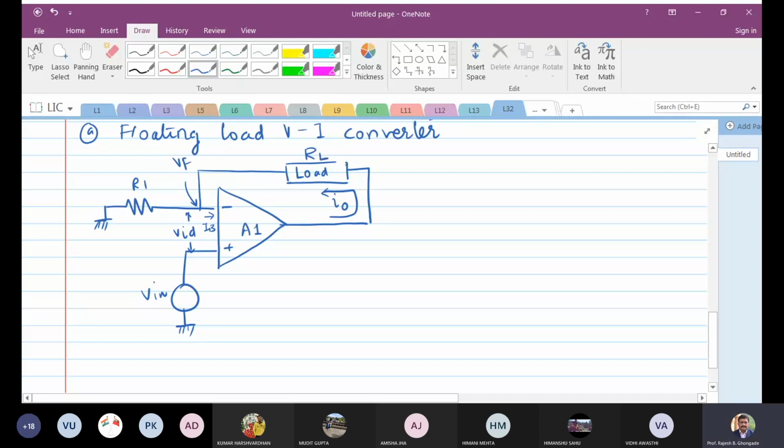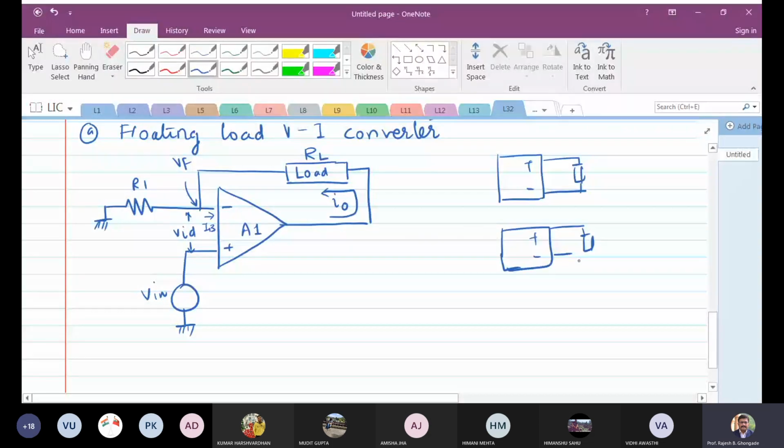which is floating. What do you mean by floating load? Floating load means you are not connecting, say for example, you are having a voltage source like this and you are connecting it like this against a grounded load, where you call this the circuit ground and explicitly show a connection like this.